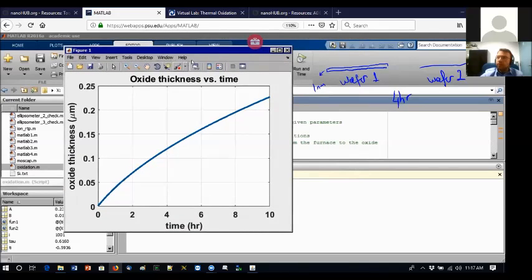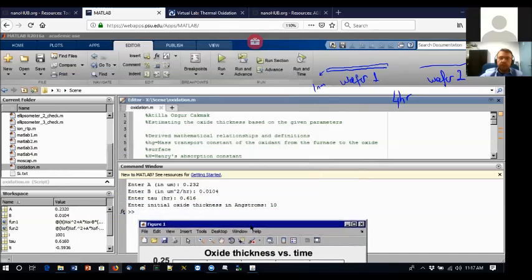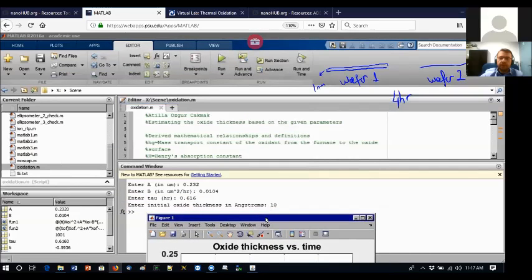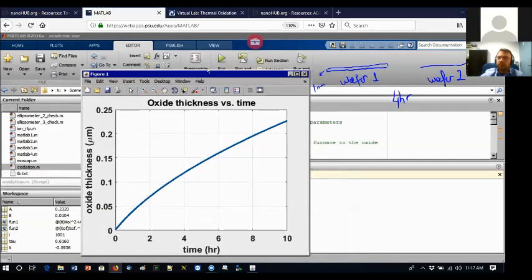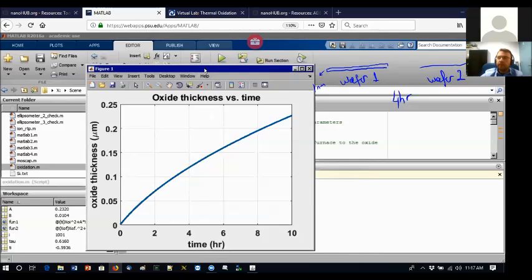So I hope you also got a similar graph like this once you entered the initial oxide thickness. It should pop up. Okay, so at this point, I'm going to use this data cursor. I'm going to choose that.